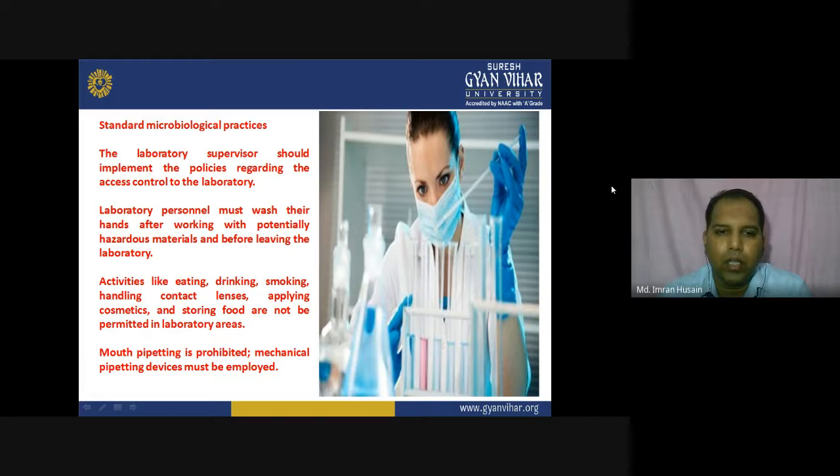Activities like eating, drinking, smoking, handling contact lenses, applying cosmetics, and storing food are not to be permitted in the laboratory areas. The overall scenario is that whenever you are working in the laboratory, you should avoid things that involve personal contact. Nothing should be in your close contact.